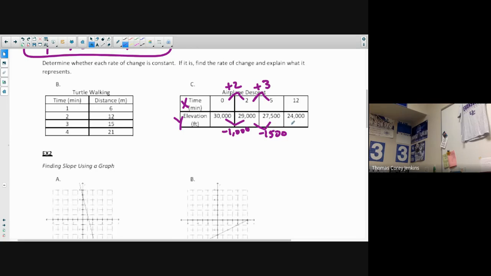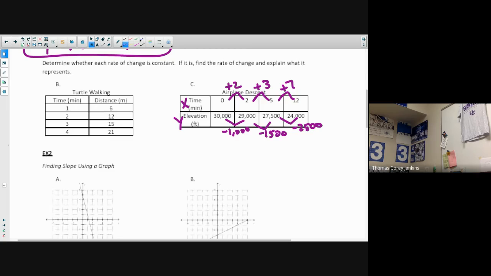And then the last one, sorry, I'm going to get kind of jumbled here. This minus this, 24 minus 27.5 is going to give me -2,500 over plus 7. Okay. So is it constant?